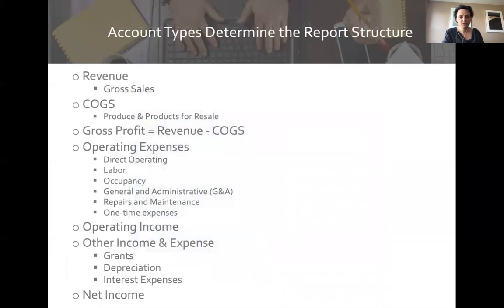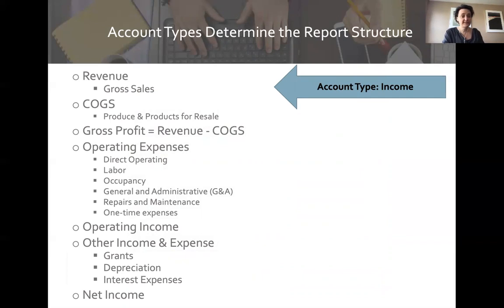So in the last section, we talked about organizing our income statement for meaning, and the account type is what's going to give us that organizational structure. So our gross sales, whatever we call our gross sales, whether we call it farm stand sales, CSA sales, beef sales, or pork sales, the account type is income, and that's going to make sure that it shows up on the top line.